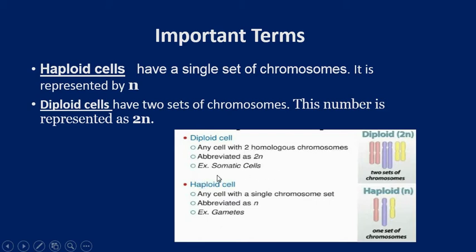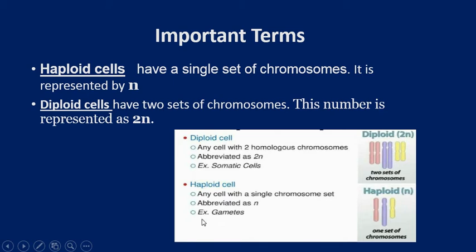Examples are somatic cells, like blood cells. Healing of wounds and repair of wear and tear within the organism also depend upon these cells.